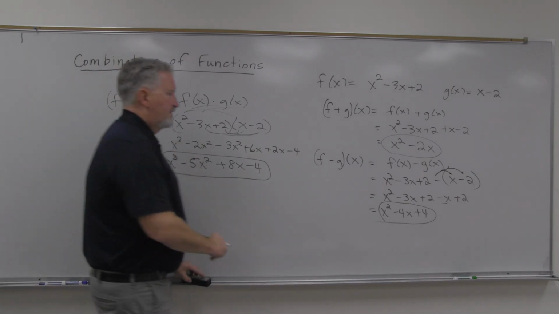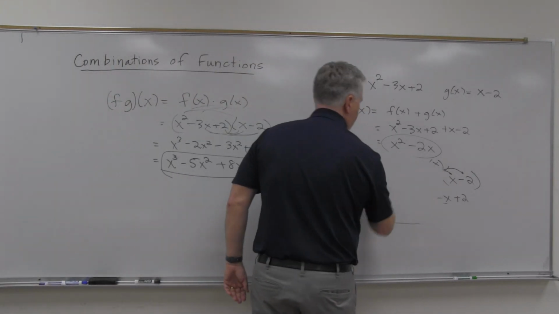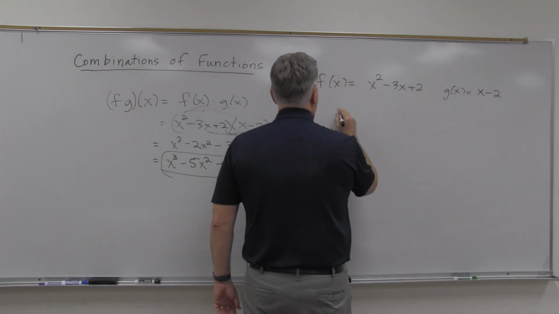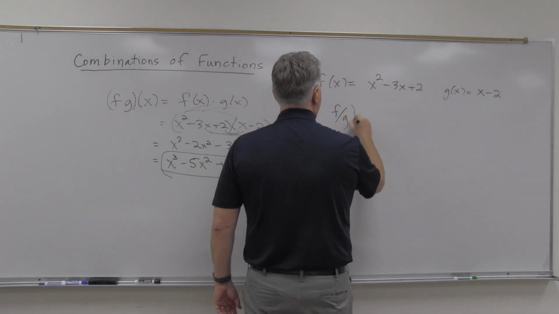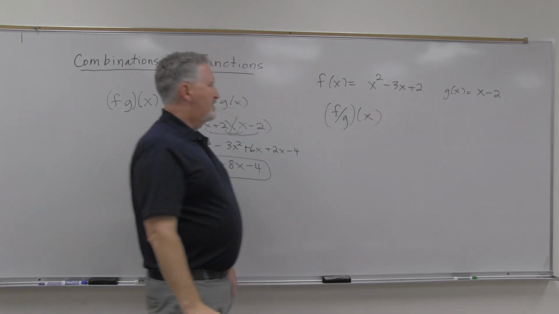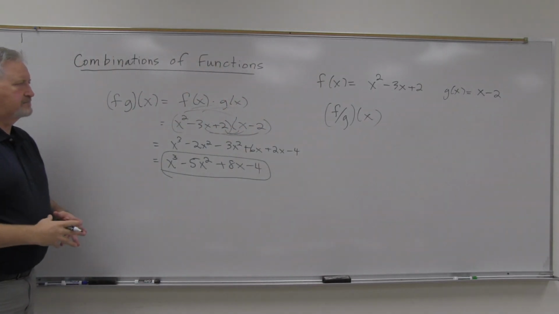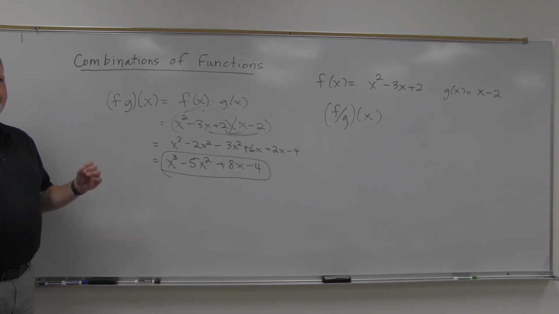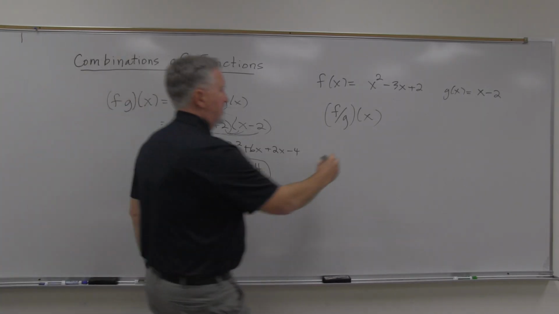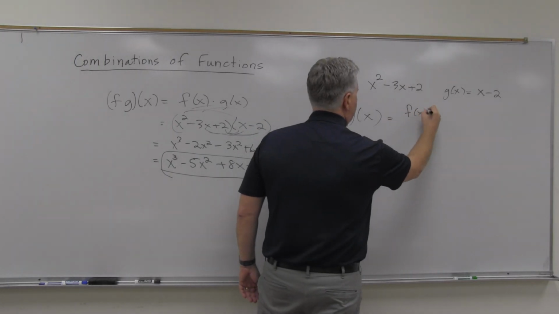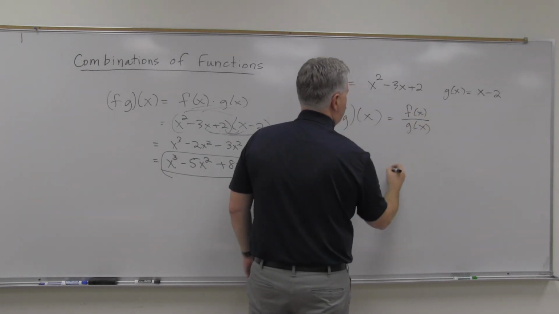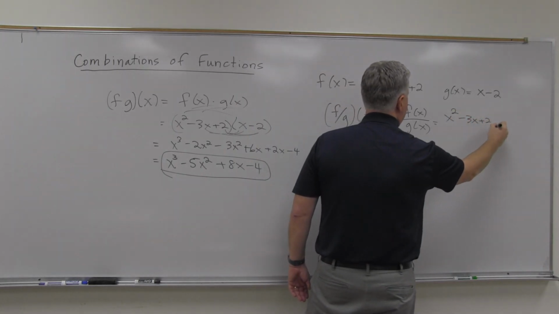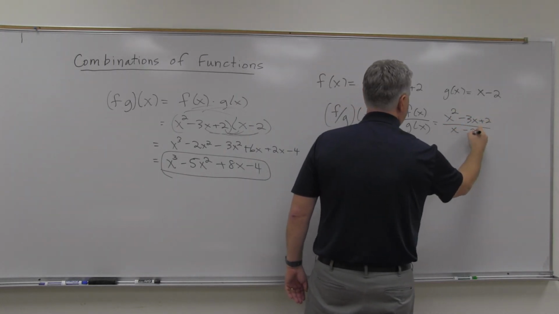All right, so on the divide, finish this off. Just a couple of points about that. If I do f divided by g of x, you divide the two, f of x divided by g of x, so that's going to be x squared minus 3x plus 2 divided by x minus 2.